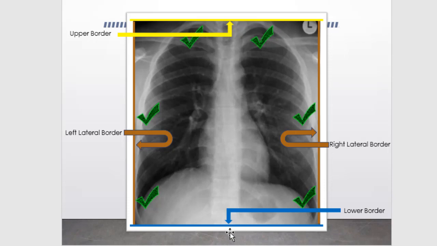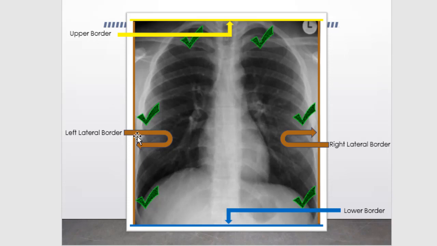Then go for the lower border. The lower border should include both costophrenic angles, both sides. You can see both are included, so you conclude that for this radiograph, the lower border includes both costophrenic angles.